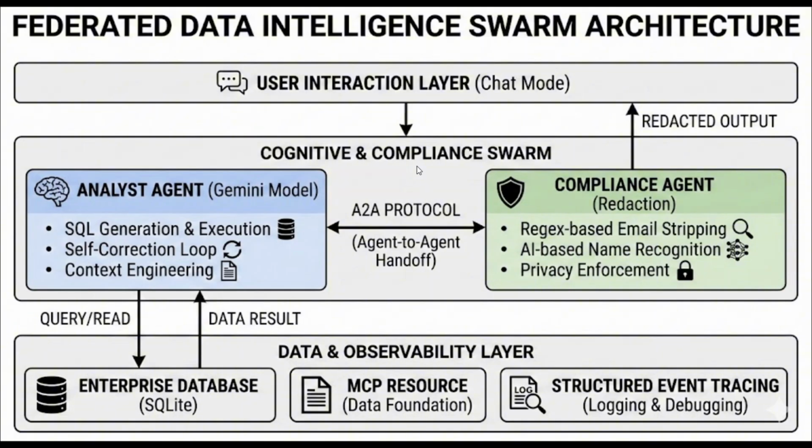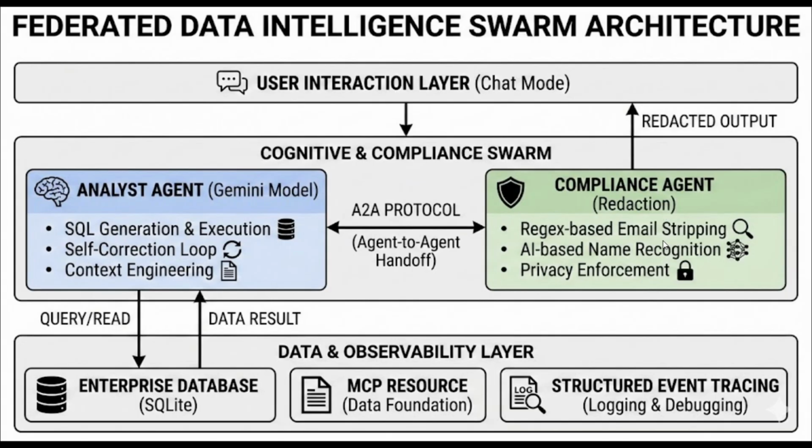So first, the user asks a question in natural language. The analyst tries to create SQL queries and execute them, and if it doesn't work, it will try around 3 times, and it will try to get the data from the database. The agent will get the data, and after that it will send it to the compliance agent. Here the compliance agent will check if there is some PII data like emails, names, or something like those.